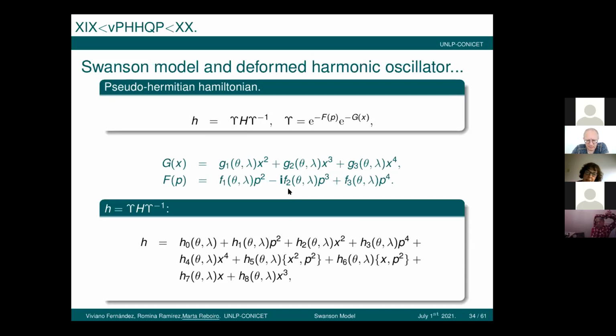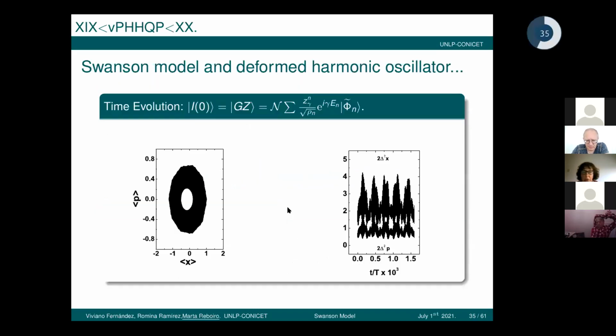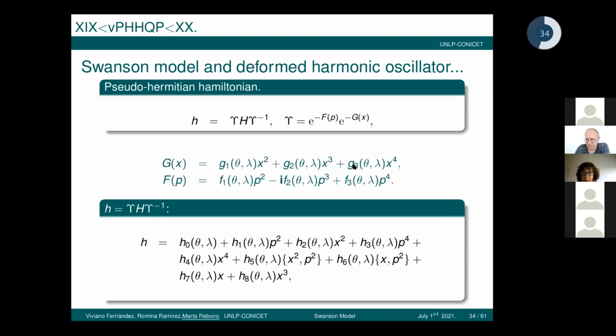And when we study the time evolution of this Hamiltonian, we observe that the system continues to be squeezed in time, though the trajectory in phase space was bounded, it was not closed. And we can understand this because we have other potentials than x squared and p squared in the Hamiltonian.